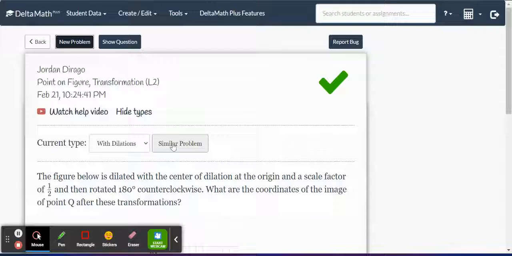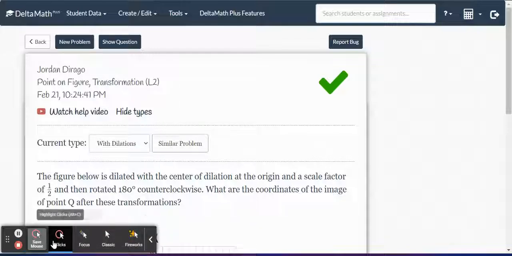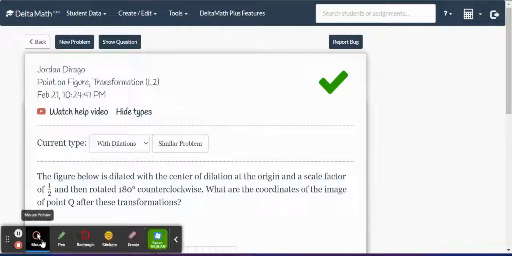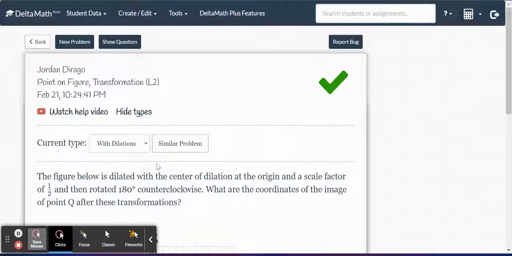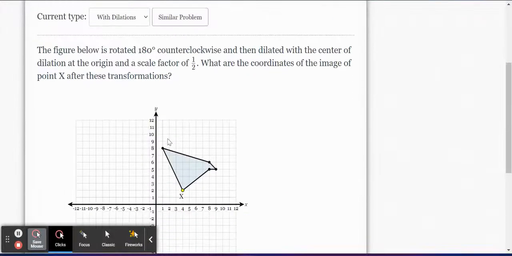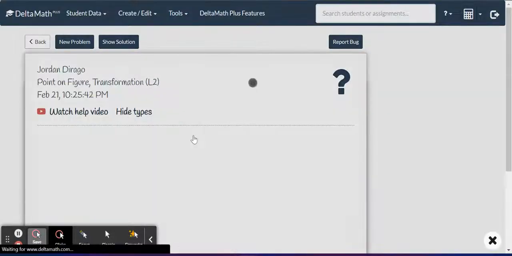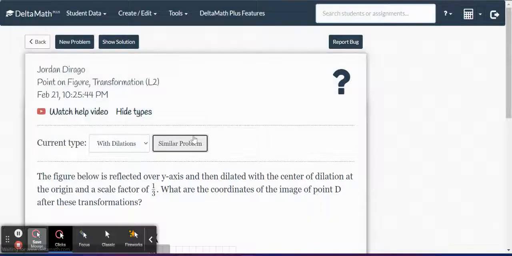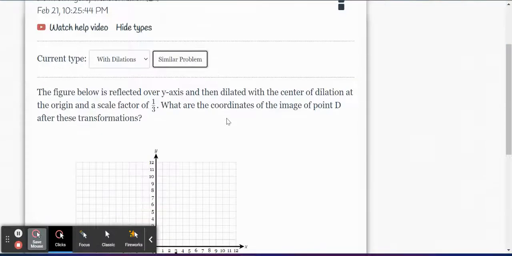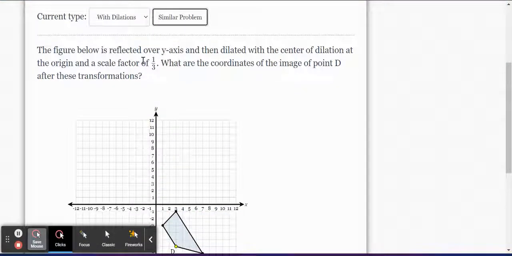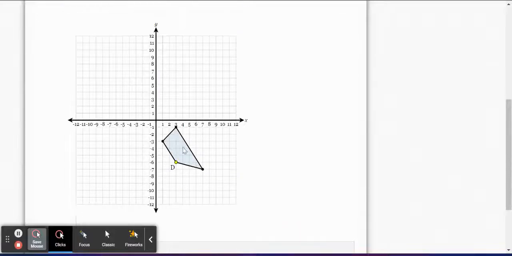Okay, let's do another one with a dilation. Let's clear the screen. Here we go. This one is dilated with scale factor 1/3. All right, so D is (3, -6).